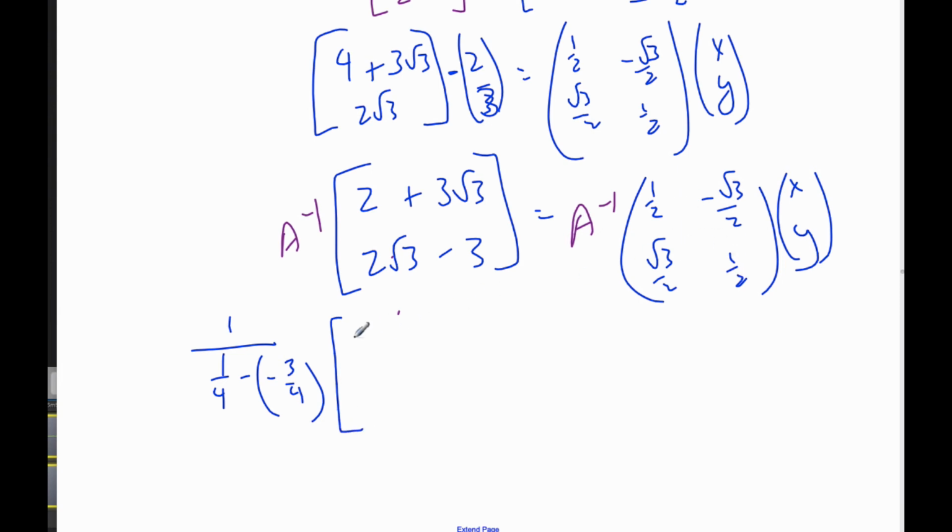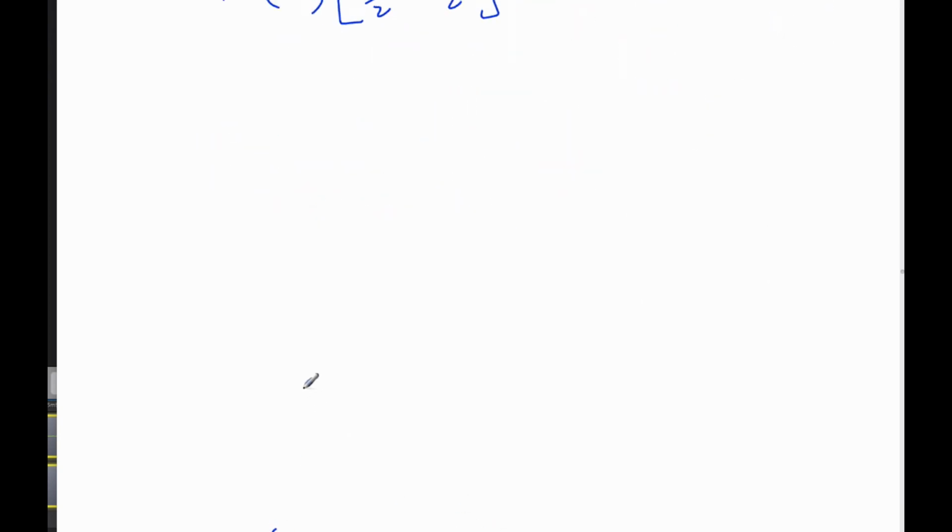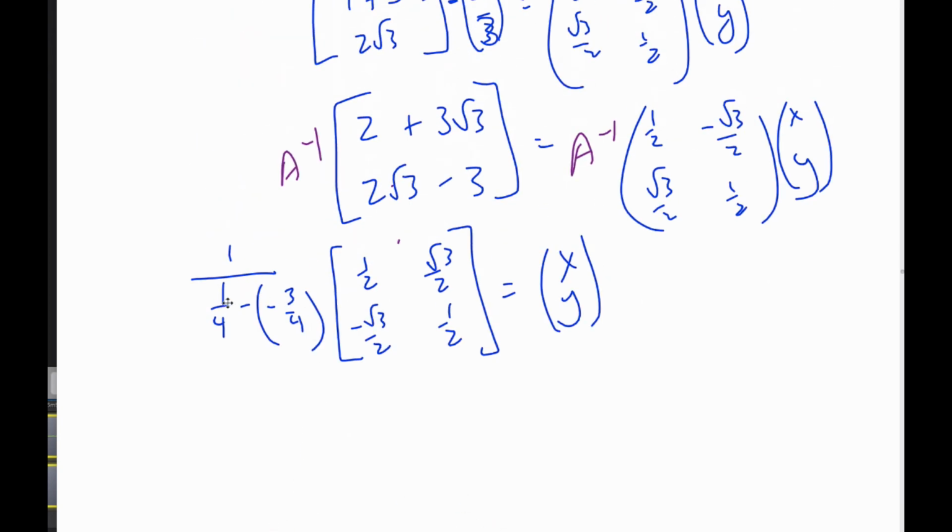I switch these two around, so 1/2 and 1/2, and I change the sign, so this is root 3 over 2 and a negative root 3 over 2. And this will equal x y. Well, 1/4 plus 1/4 is 1, so I can really ignore this part.